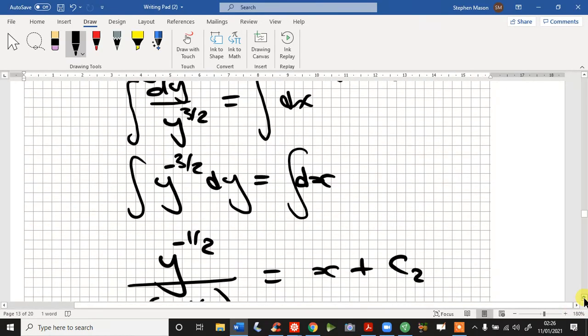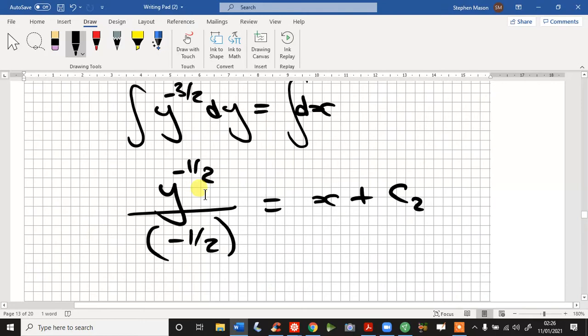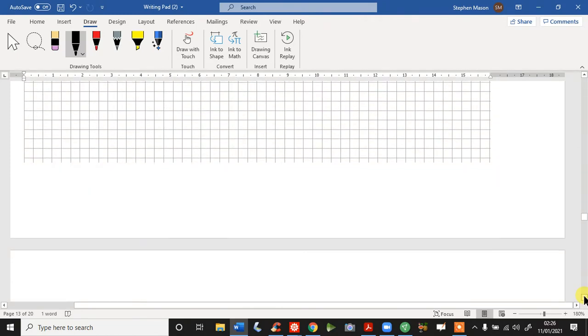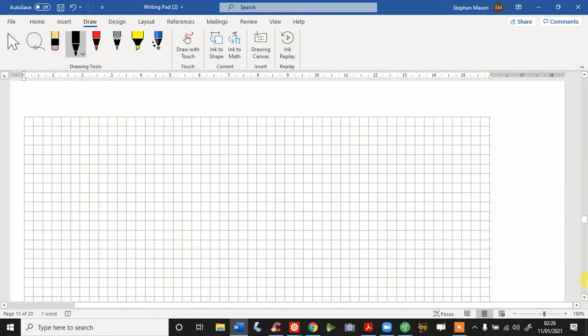Let me just scroll down. So we've got this expression, but we want to simplify it. So anything divided by a half is 2. And of course, you divide by minus a half, you've got minus 2 on top.